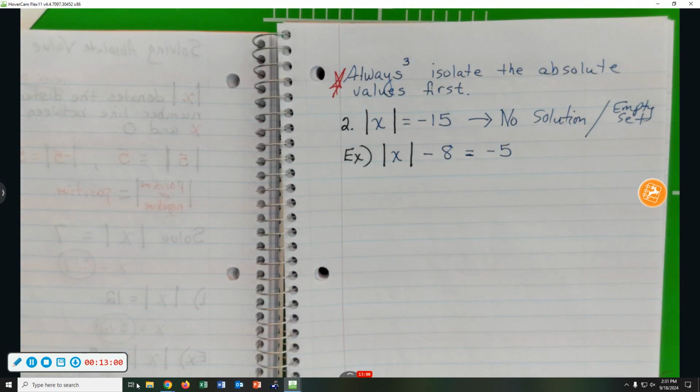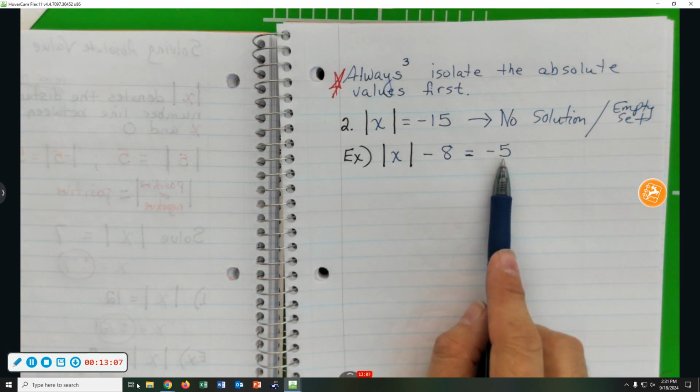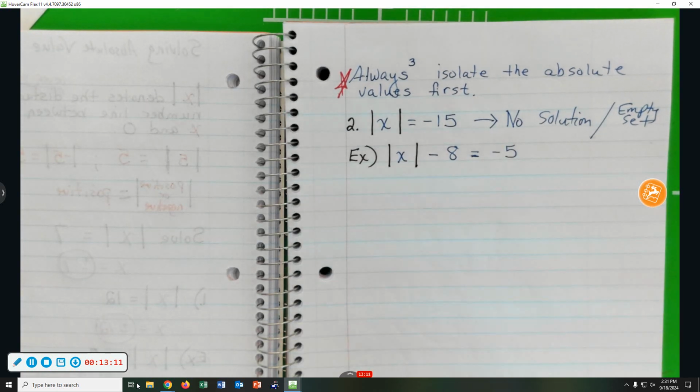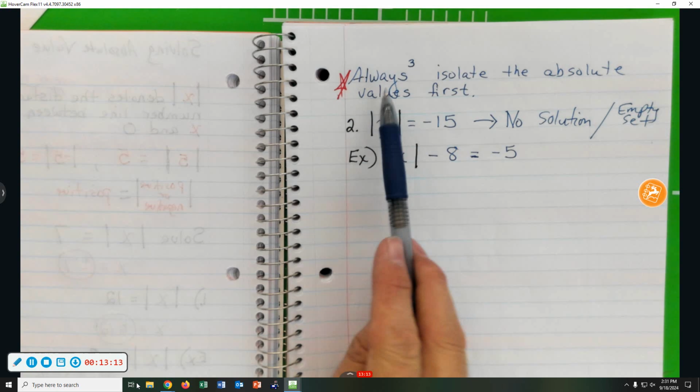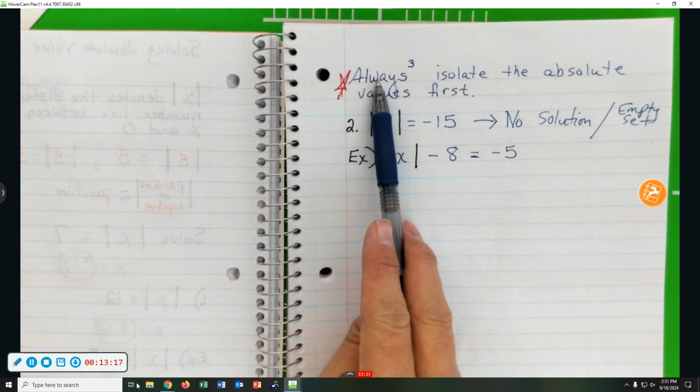I'm going to illustrate that red star rule. At first glance, when you see absolute value and there's a negative over here, you might say, oh, it's like number 2, no solution. But wait a minute. Always isolate the absolute value bars first.